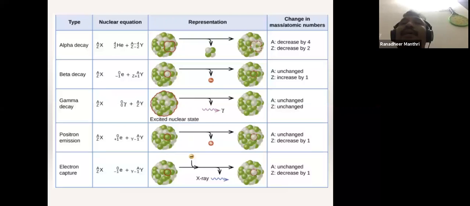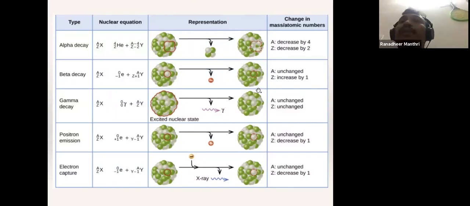Next is beta decay. This happens in radionuclides which are neutron rich. A neutron is converted into a proton with the emission of an electron. This electron emitted out of the nucleus is called a beta particle. The atomic number increases by 1 because a neutron is converted to a proton. A neutron is charge neutral, whereas a proton has a positive charge.